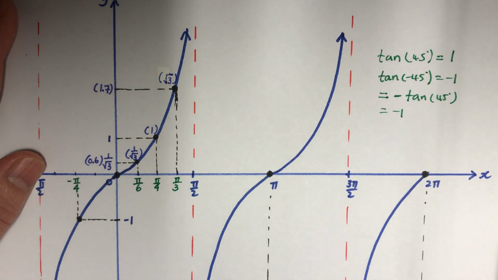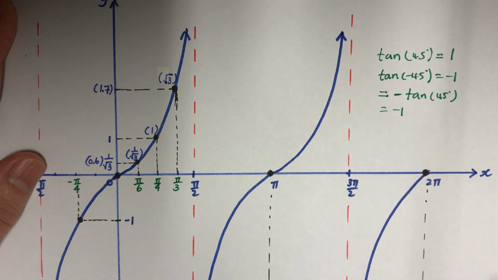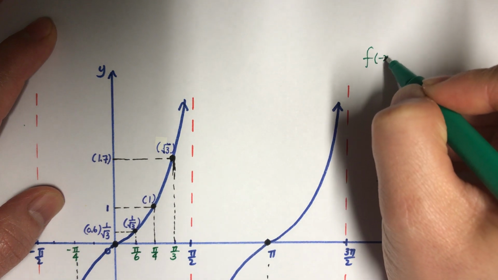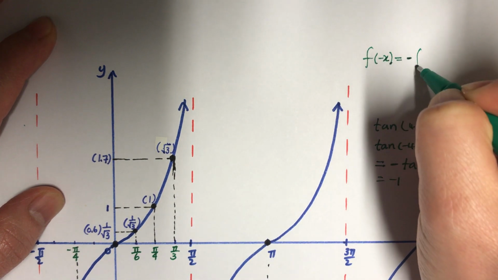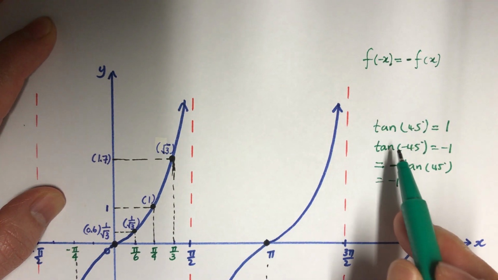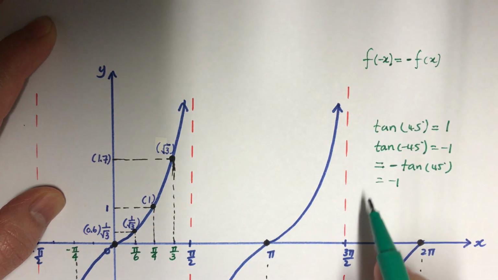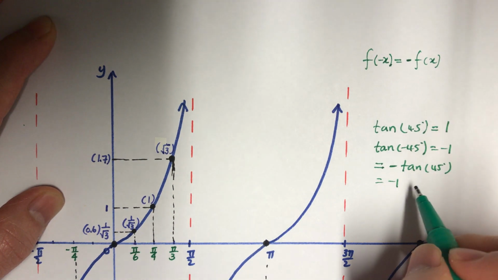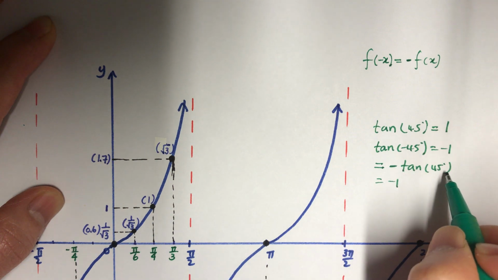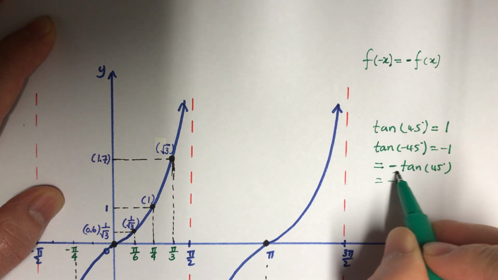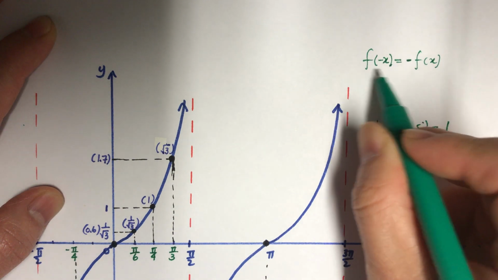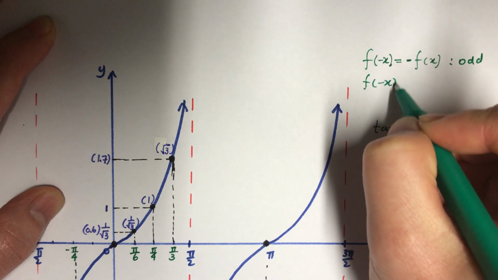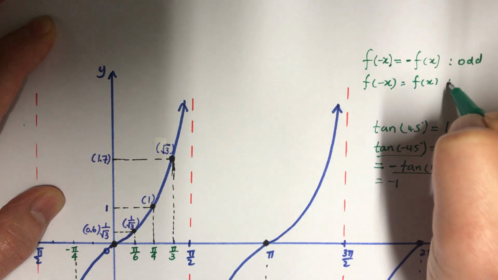Therefore this is a classical case of an odd function, because an odd function is when f of minus x equals minus f of x. So tan of minus 45 is the same as minus tan 45. That's odd. And let's not forget, an even function would be f of minus x equals f of x.